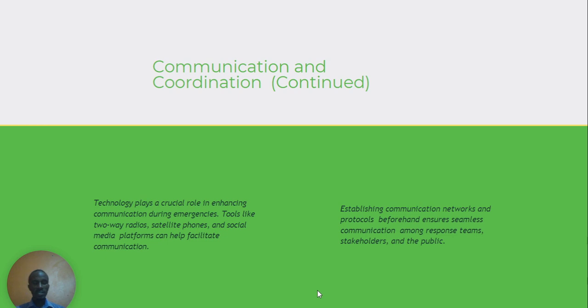Then we have satellite phones, which you can use across the globe and communicate without having to go through those mobile phone operators, or without using a SIM card. So those satellite phones are also very essential in emergencies.